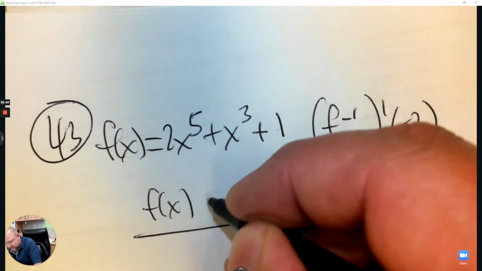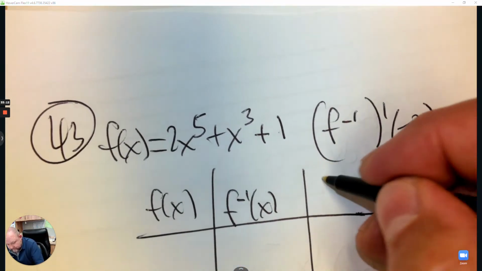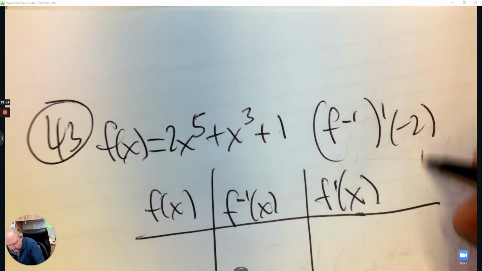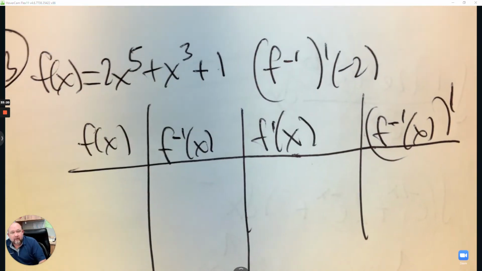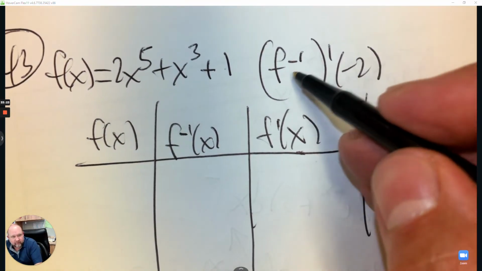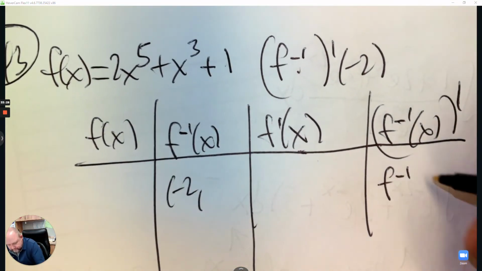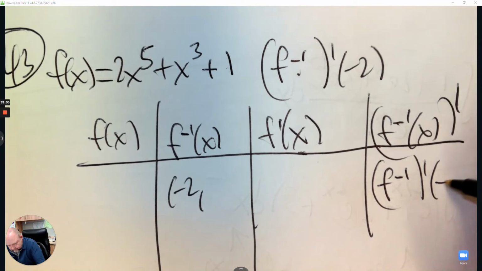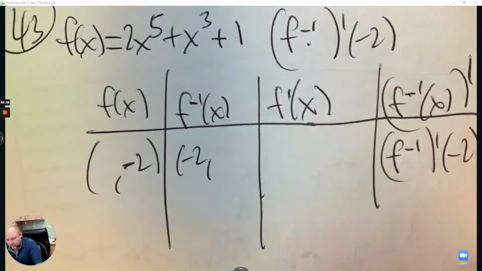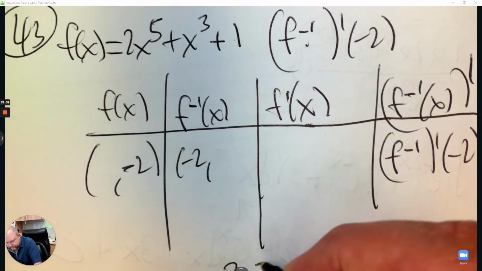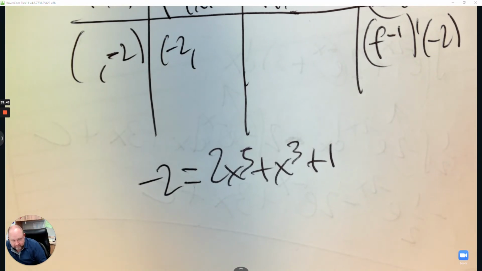We have f of x, the inverse of f of x, and then the derivatives of each one. What I do know is the inverse is negative 2, and that's what I'm looking for. That means the y value here is negative 2, so we're going to make it equal to negative 2 and solve it.